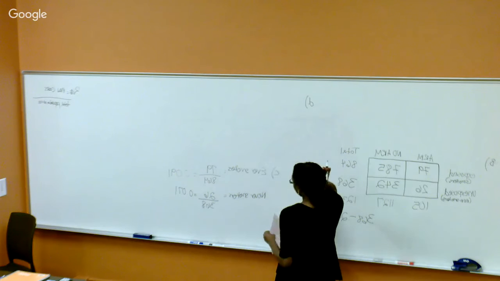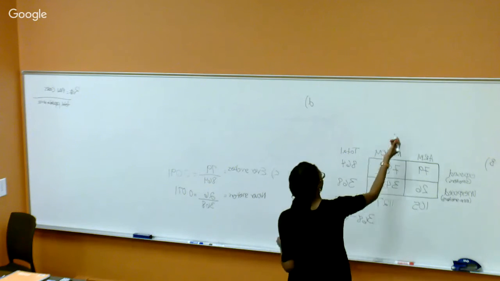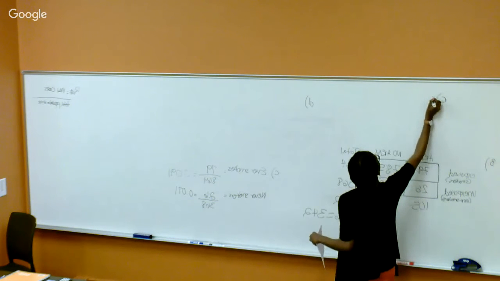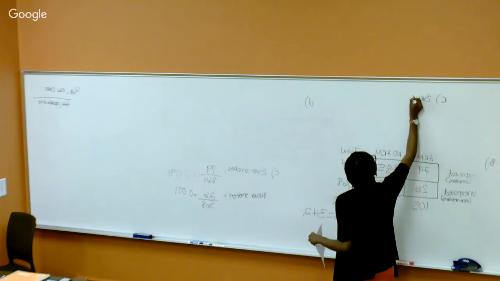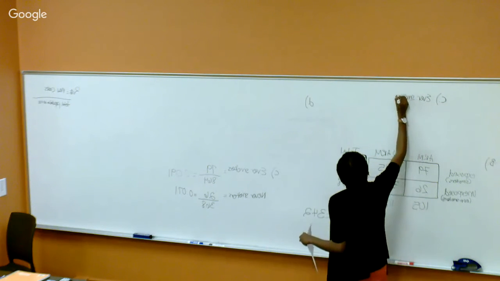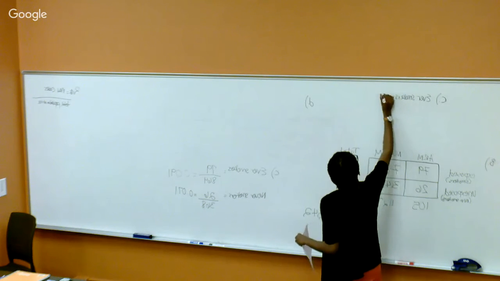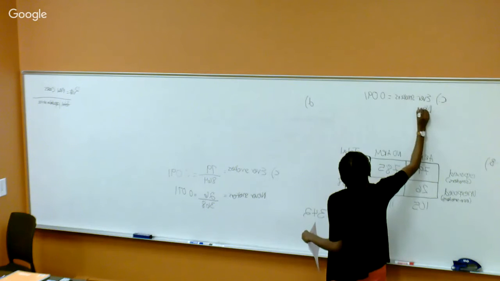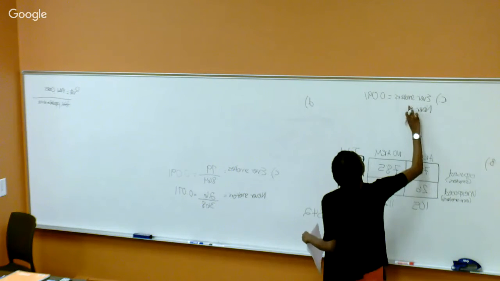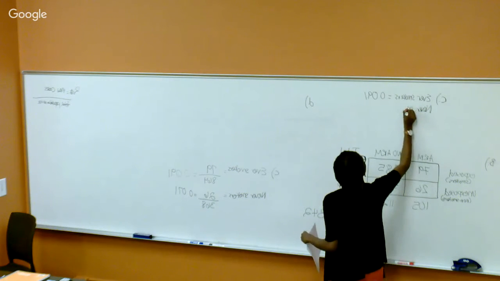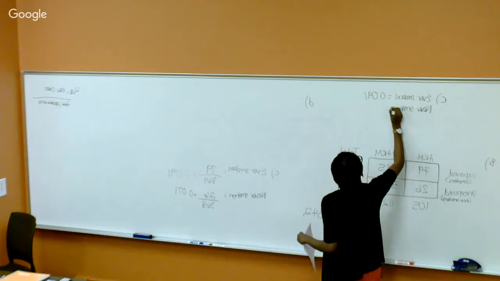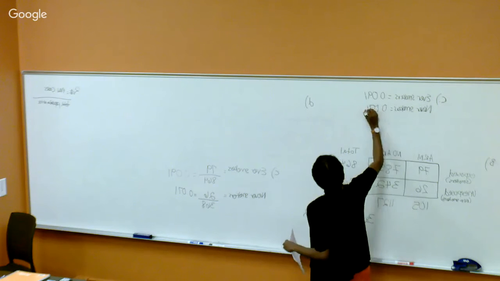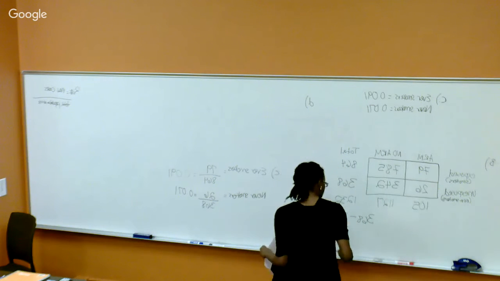How do we want to do the relative risk? So the relative risk is going to be the risk of smokers divided by the risk in non-smokers. Yes, that is correct.